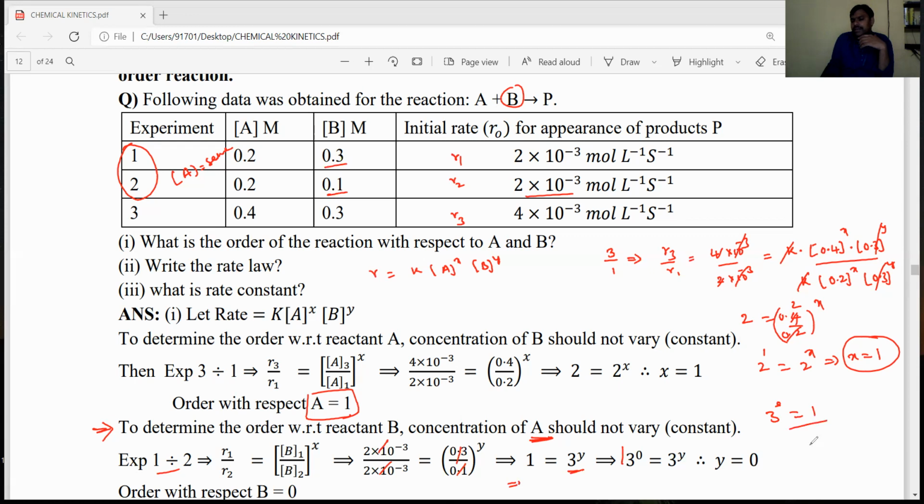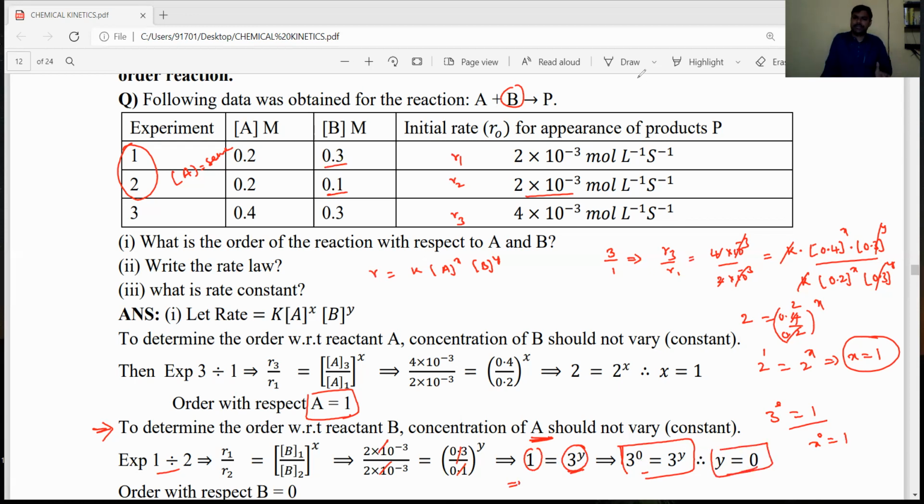Anything to the power of 0 is also 1. Okay. So here 3 power Y is present. That's why I wrote 1 as 3 power 0. From this data, the bases are the same, so the powers should be equal, meaning Y is equal to 0. Okay, now we got it.